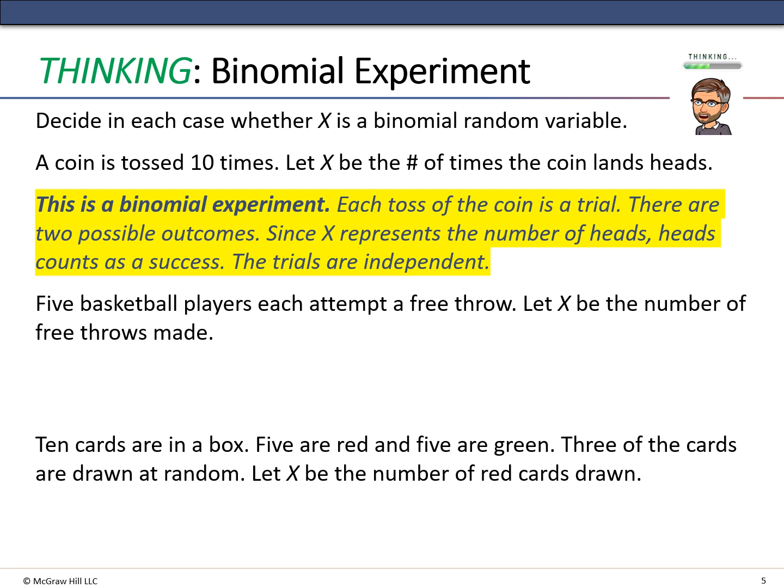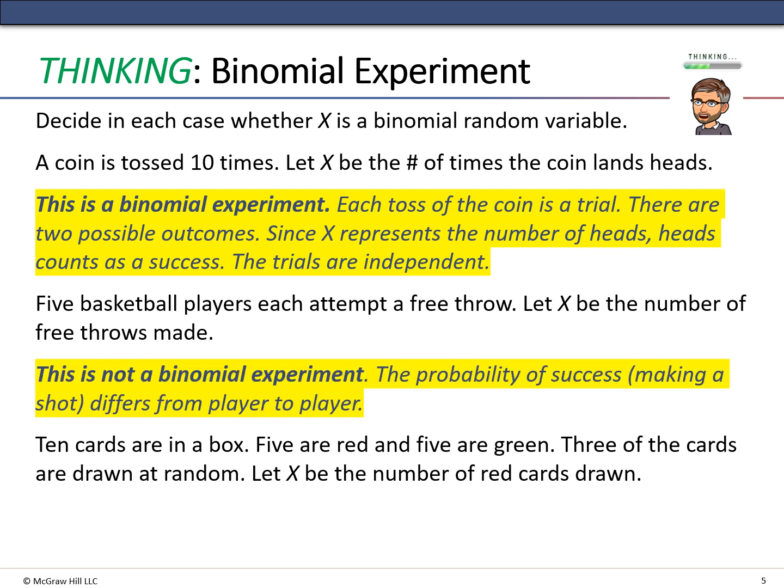5 basketball players each attempt a free throw. Let x be the number of free throws made. This is not a binomial experiment, mainly because the probability of success is not constant. It varies depending upon the level of skill of each of the players.